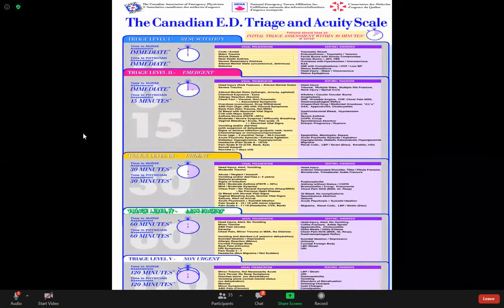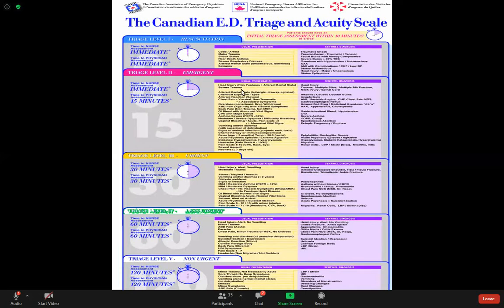So these are examples of the levels or categories: level 1, level 2, level 3, level 4, level 5. You can see here level 1: code or arrest or cardiac arrest, major trauma, shock states, near-death asthma. This is in level 1.